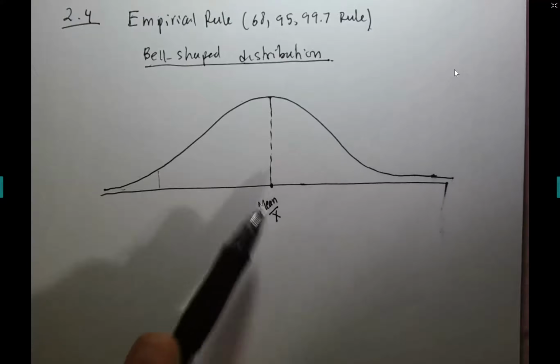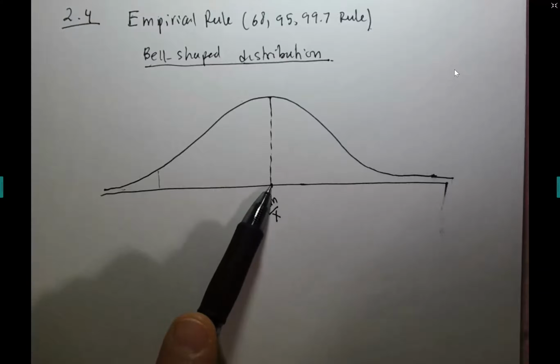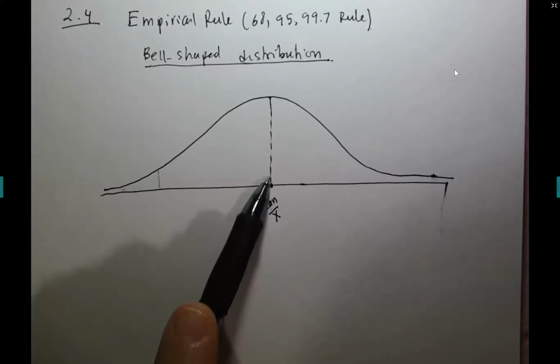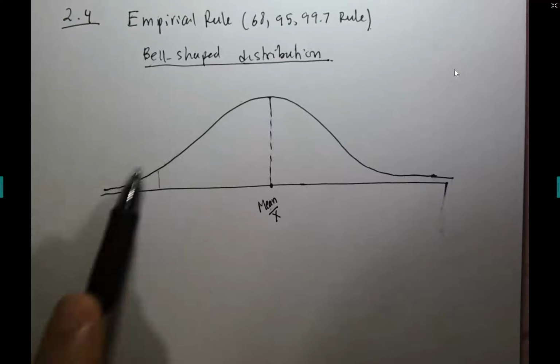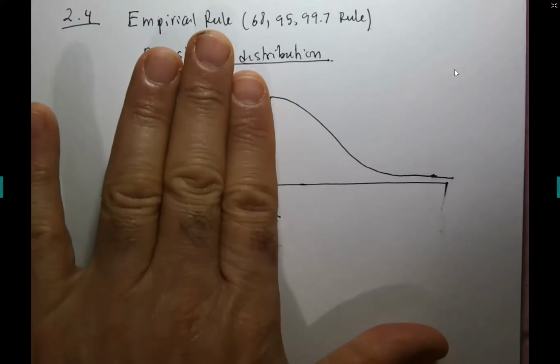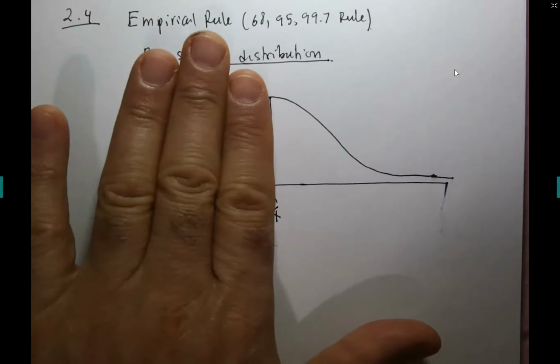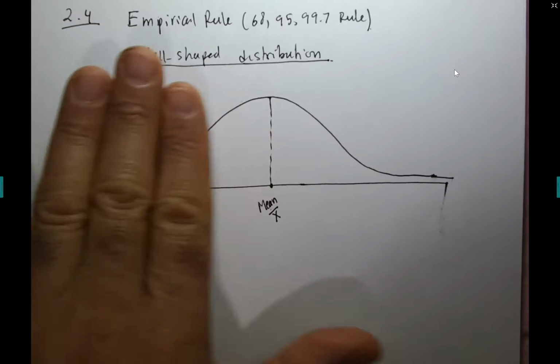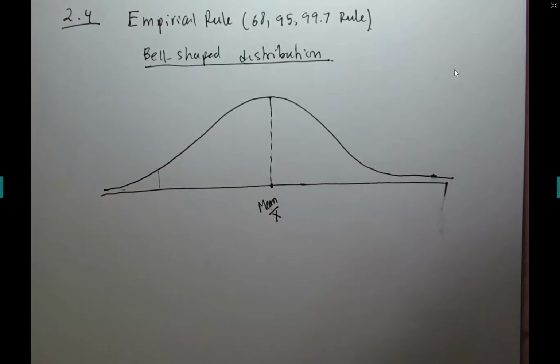If I ask you a question, guys, the mean splits the shape into 2 equal shapes. What percent of the values will be to the left of the mean, and what percent of the values will be to the right of the mean? Can you guys answer this question? About 50%.